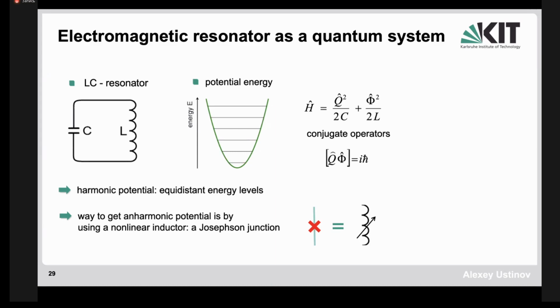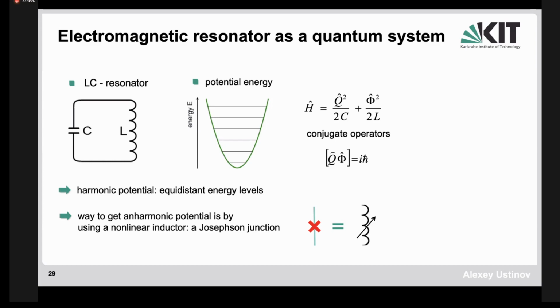This is quantum mechanically very general, but this description describes a harmonic oscillator, because both are linear elements, and the energy of the system is given by a parabolic profile. This can be charge, it can be flux, it's still a parabola.